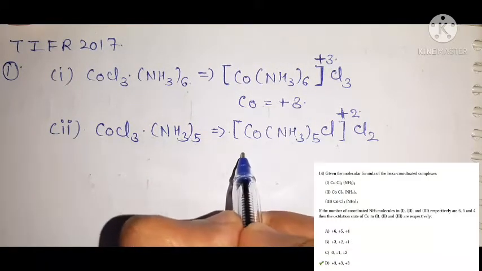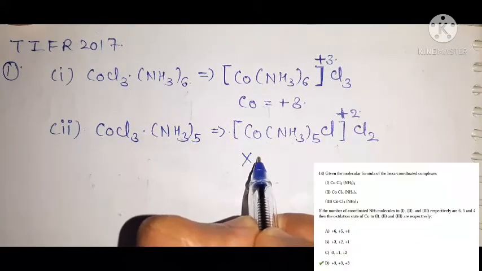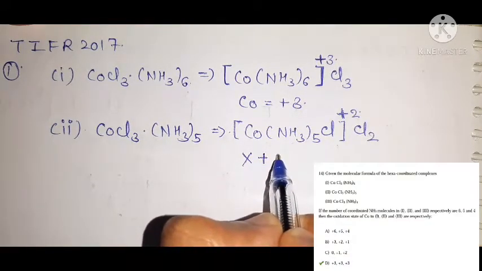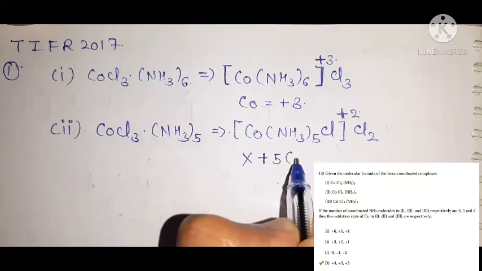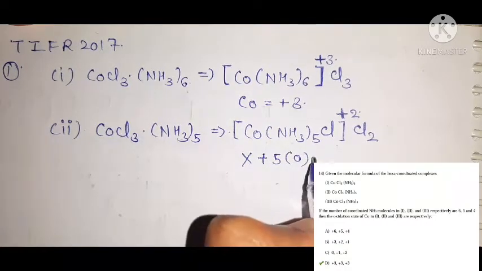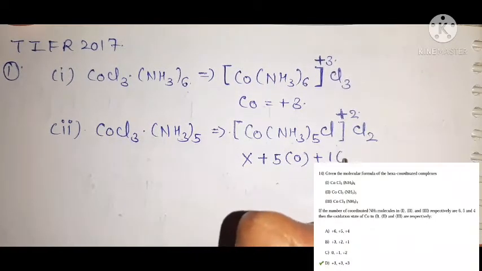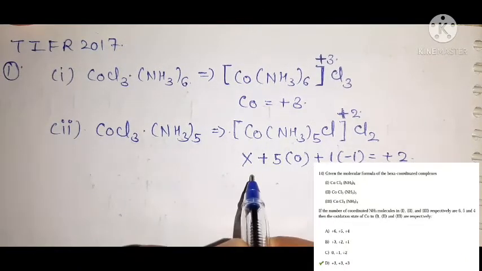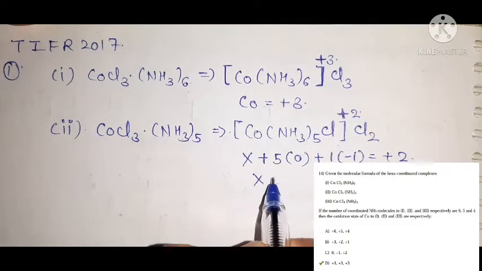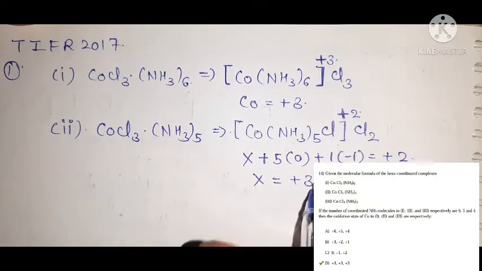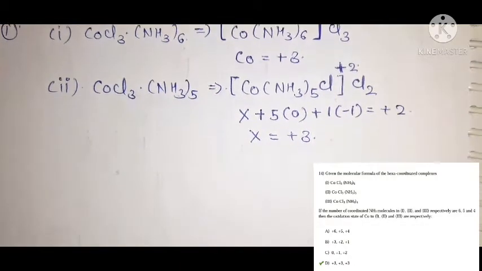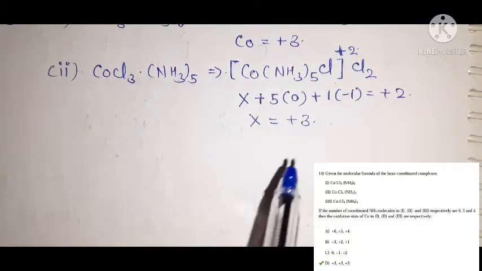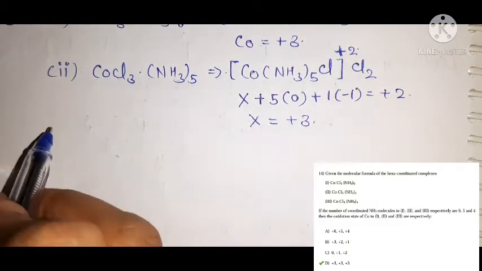Let's assume the oxidation state of cobalt is X, plus NH3 is a neutral ligand, so its contribution will be 0, plus 1 chlorine atom, that means 1 into -1, is equal to +2. When you solve this equation, you get the value of X as +3. So in the second complex, cobalt is present in +3 oxidation state.